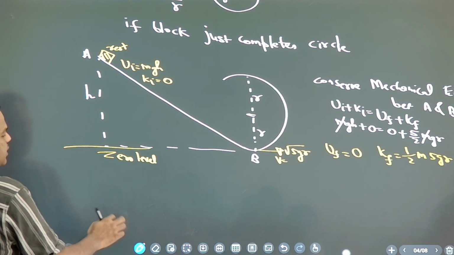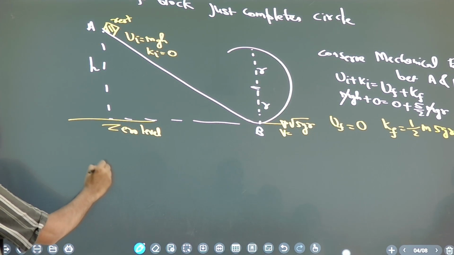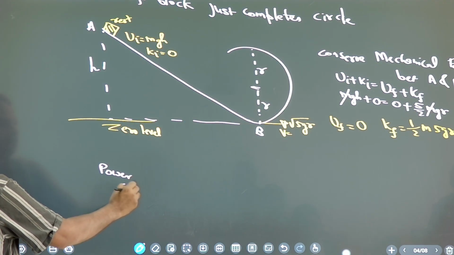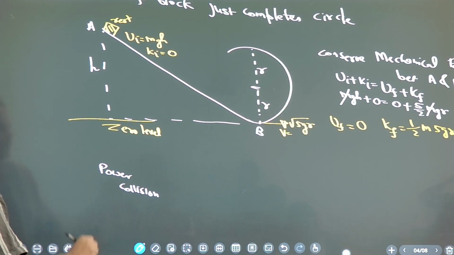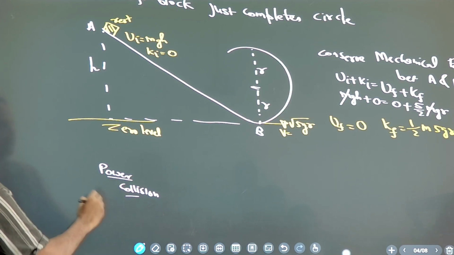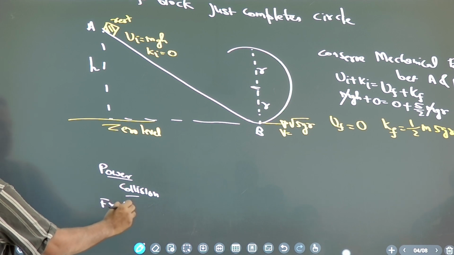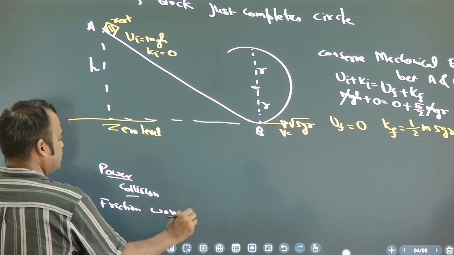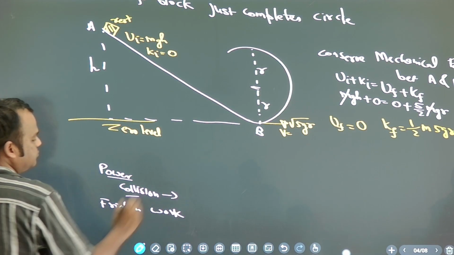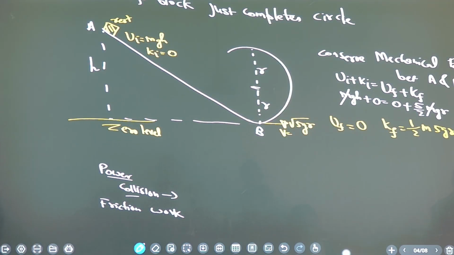Okay, so we will continue this next. Only power is left, power and collision we will do. Tomorrow this chapter will finish. And friction work also is there, we'll do some questions. Collision. Okay, now give me the book.